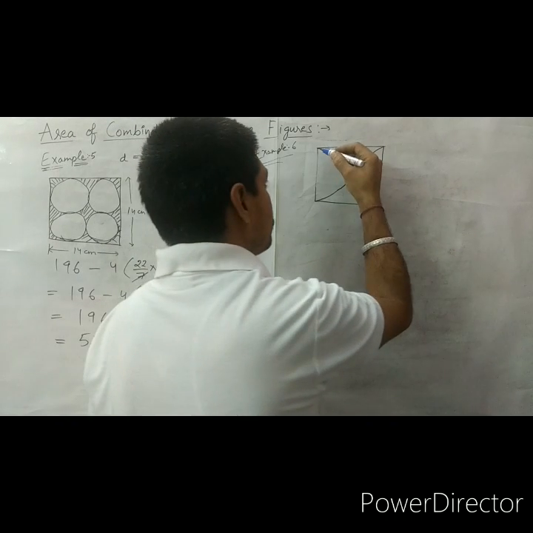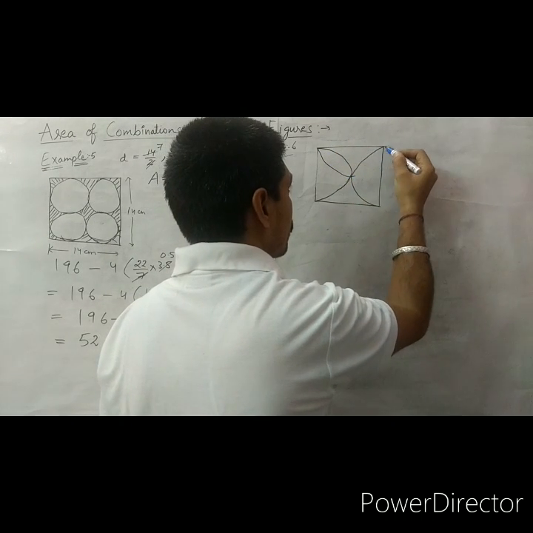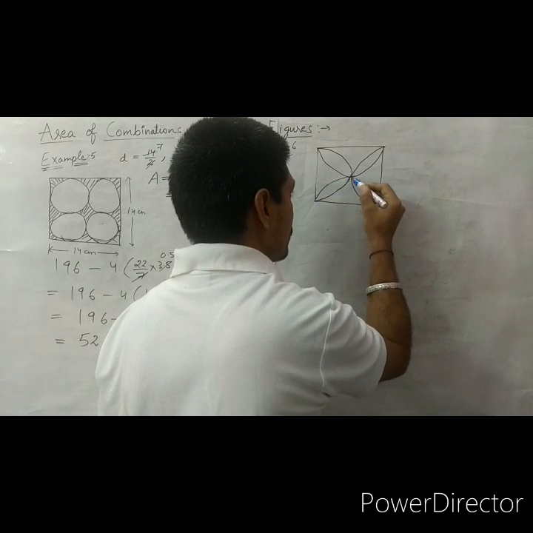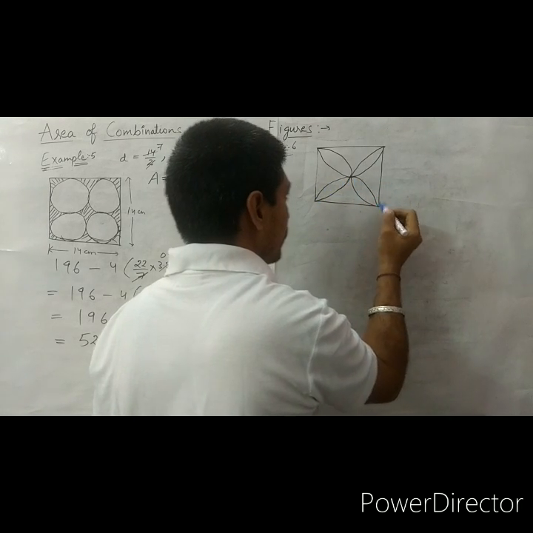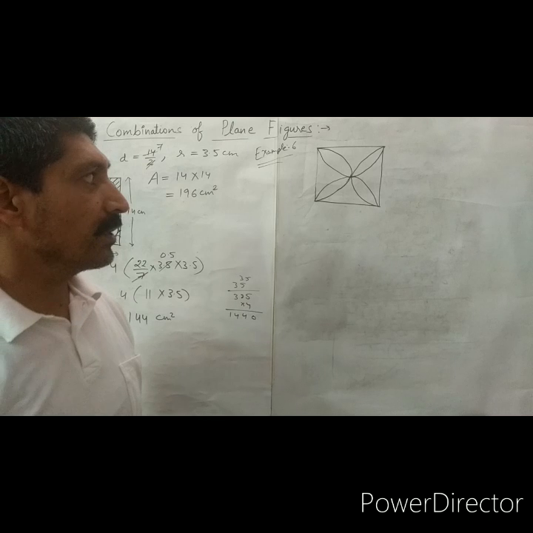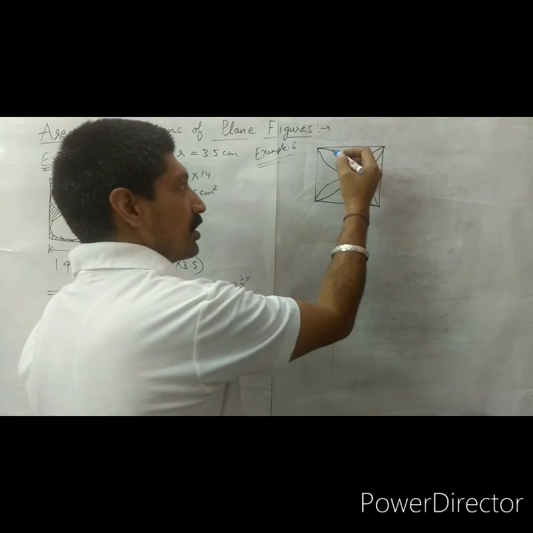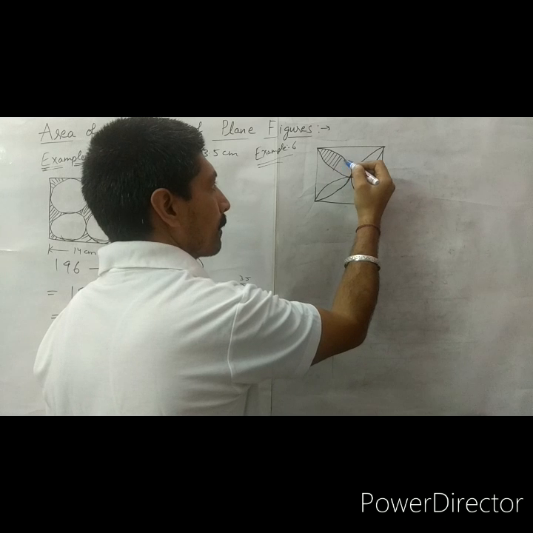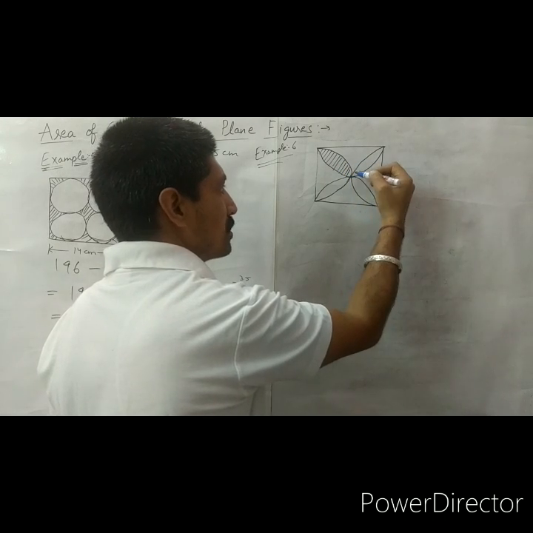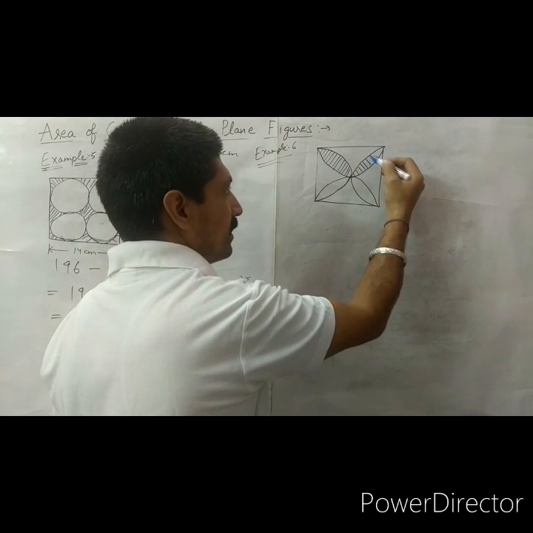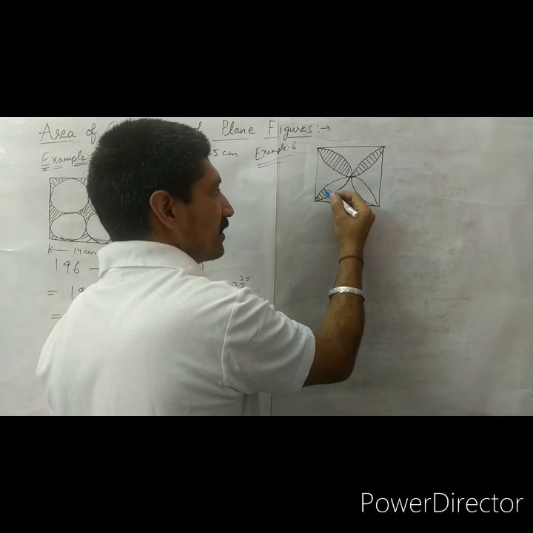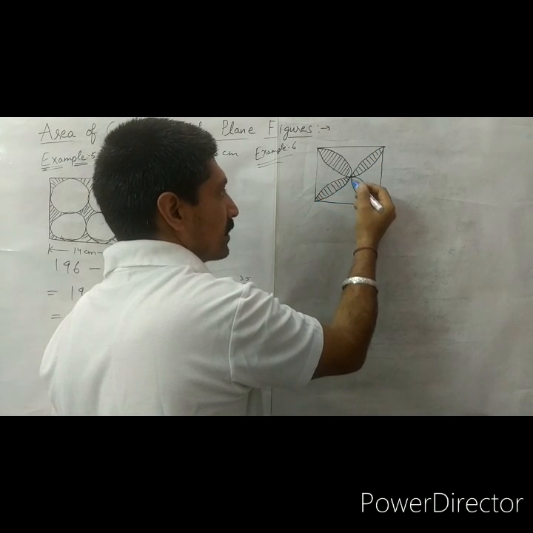In the same way, one more semicircle. In this example 6, we need to find this shaded area here. Sometimes in the exam, the unshaded area is asked.